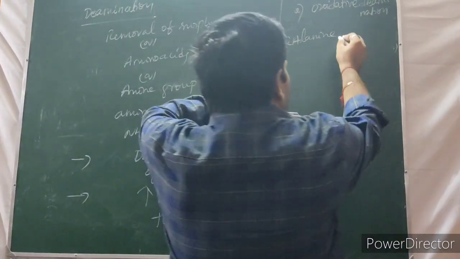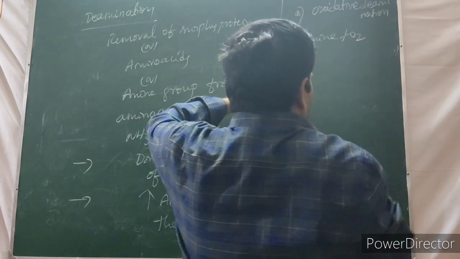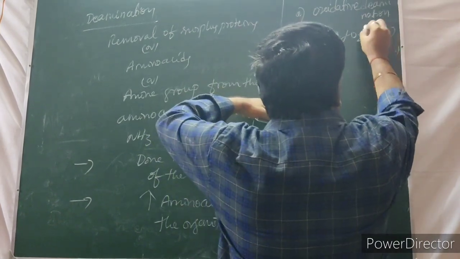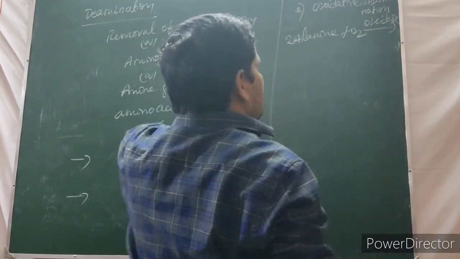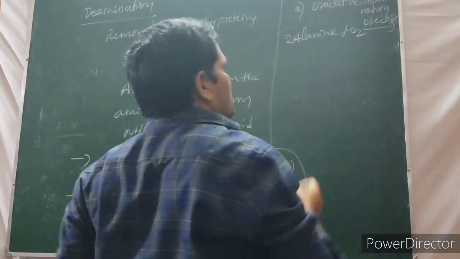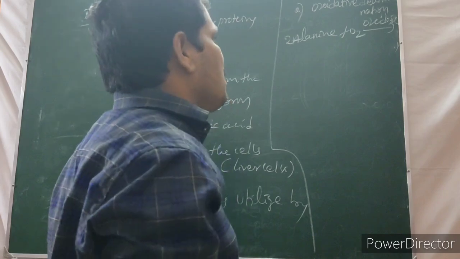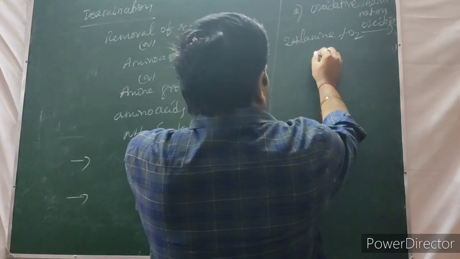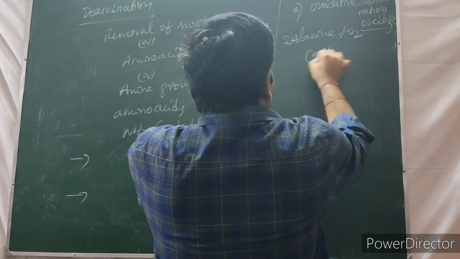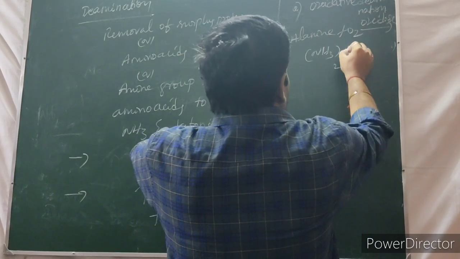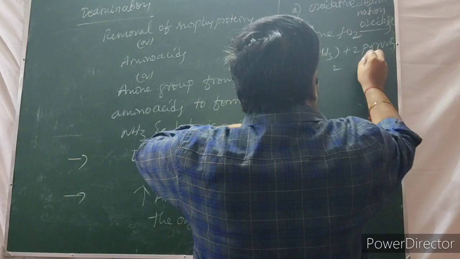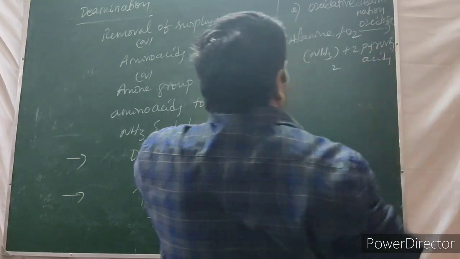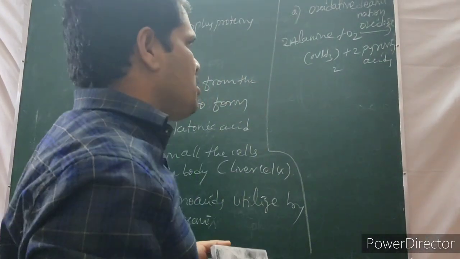Two alanines are oxidized with oxygen in the presence of oxidase enzyme to produce ammonia and also two pyruvic acids. It is called oxidative deamination.